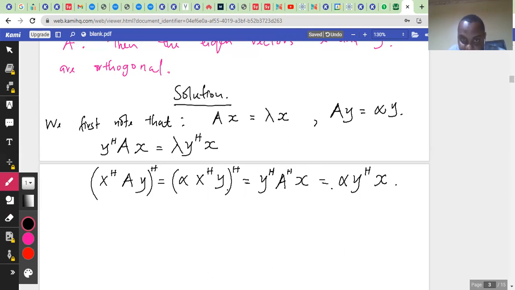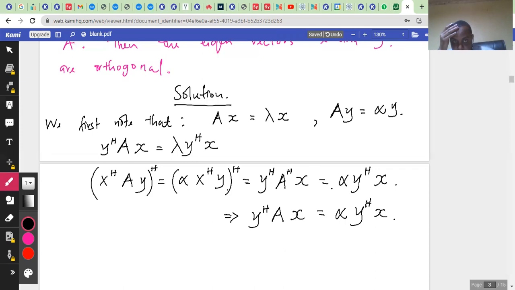Because A is a Hermitian matrix, y^H A^H is just y^H A. And this equals alpha y^H x. But we can divide both sides by y^H x.